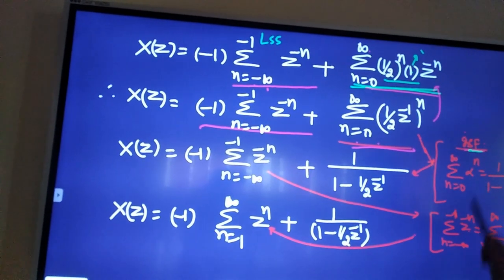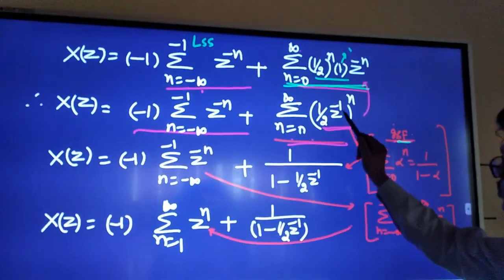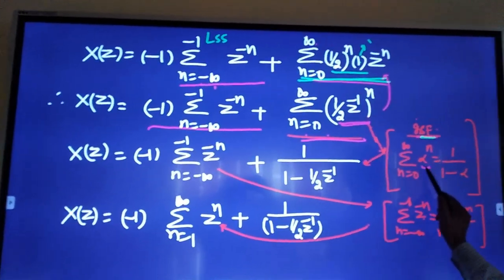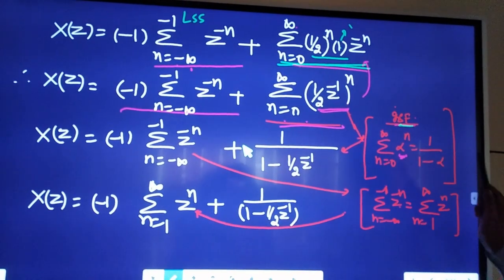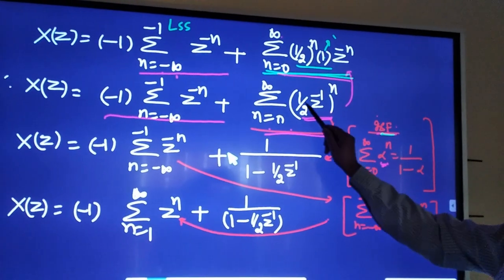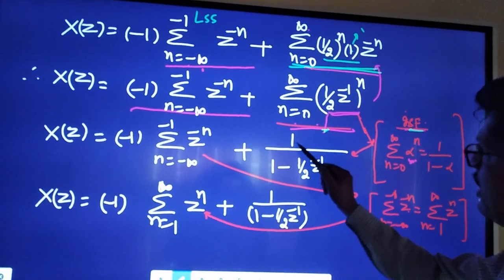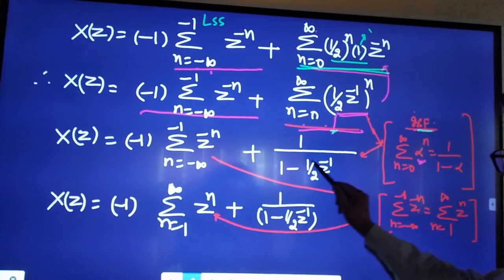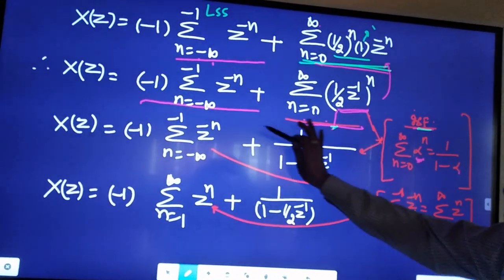Summation n equal to 0 to infinity of alpha to the power n is 1 by 1 minus alpha. In place of alpha I am having 1 by 2 z inverse. Now let me make use of this. Then this equation becomes 1 by 1 minus alpha, and alpha is 1 by 2 z inverse.